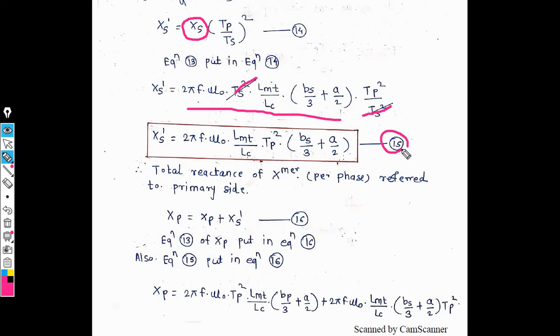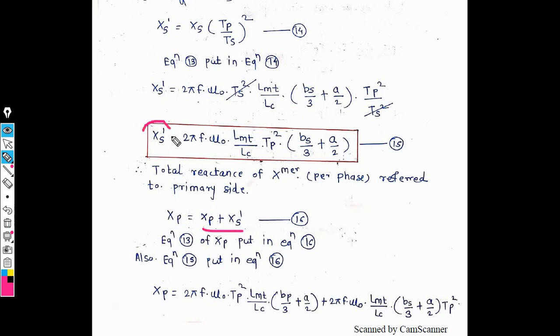Then in this equation we have to calculate the total reactance of the transformer referred to the primary side. This is the formula of total reactance of the transformer, with the secondary winding referred to the primary winding. That is Xp is equal to Xp plus Xs dash.